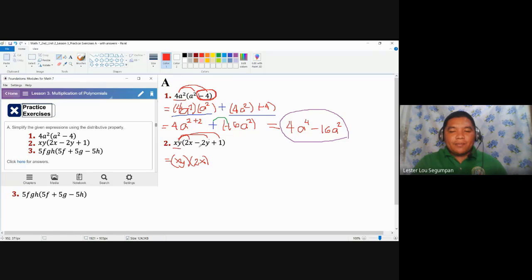Never mind if the separator here is minus, I'm encouraging you to use plus as a separator. And then you will still have xy, and this will be carried by 2y. Again, use plus sign. And then you will have xy times 1.